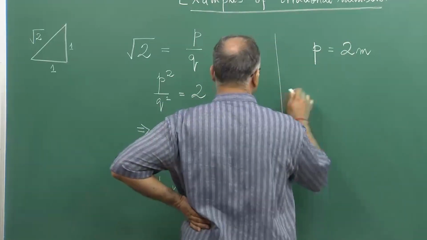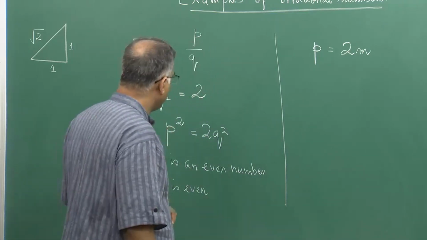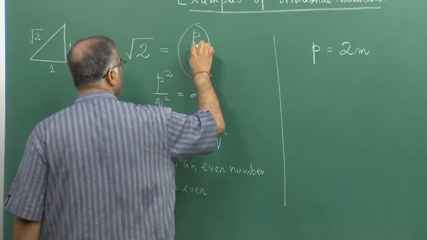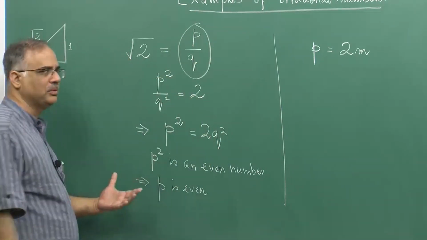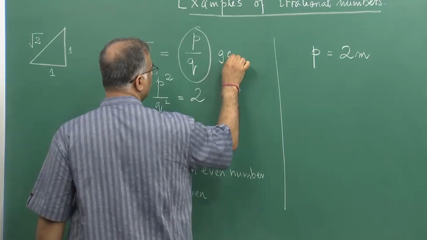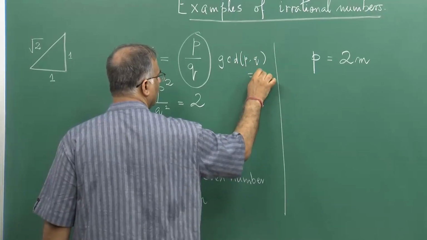Now, what you do is you put back here. One important assumption that we take when we express the thing in the form p by q is that we are expressing it in the most reduced terms, that is, the greatest common divisor between p and q is 1, they are relatively prime.